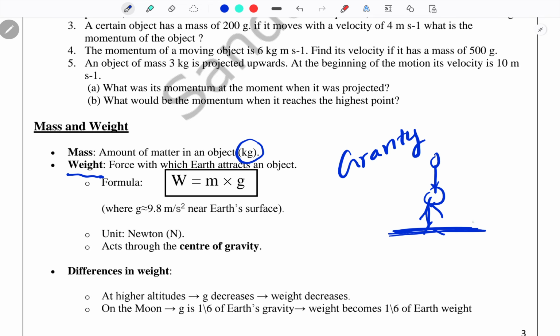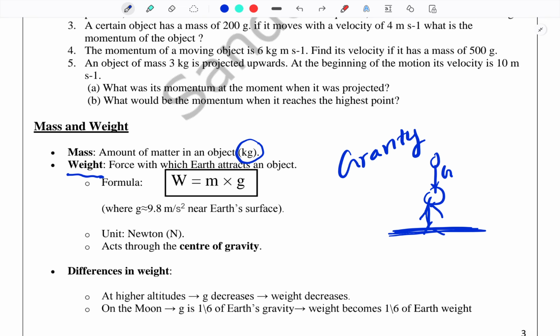Then he thought there is some force from the earth which attracts objects. That's what he thought. We are thinking about how to eat the apple, right? Anyway, which force is this? That is gravity. So the force with which the object is attracted toward the earth is the weight.